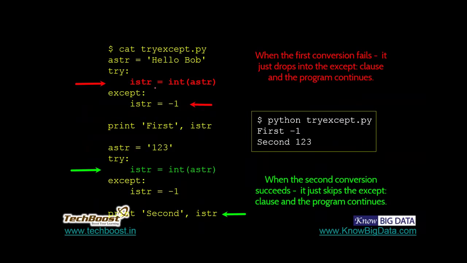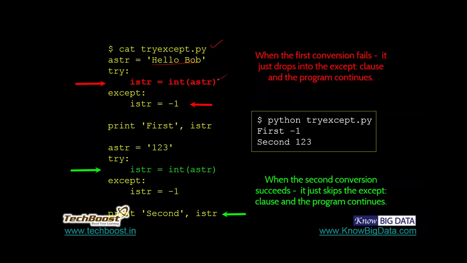Let's jump into how exactly the try and except blocks rescue us from the situation of abrupt execution or termination. So we try to execute this particular file, and what do we have in the file? We have a string hello Bob, and we try to do the conversion.